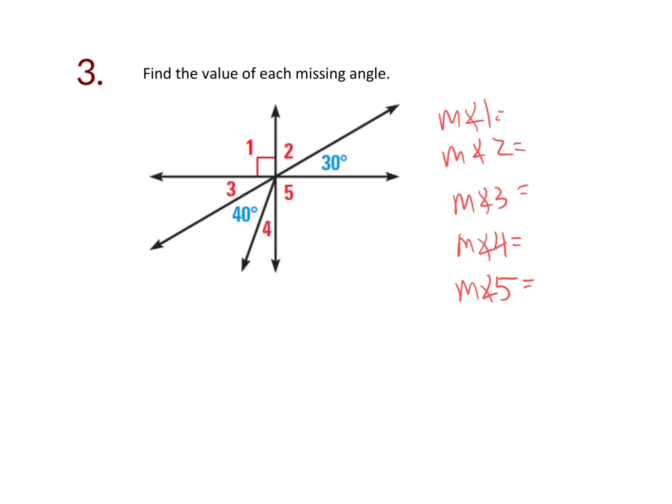Jules, pick one angle and tell me what it equals. I don't care which one you pick, just pick one. All right, he says angle 1 is 90 degrees. How do you know it's 90 degrees? It's got the little symbol, right? Okay. All right, Hernan, pick one and tell me which one, how much it equals.